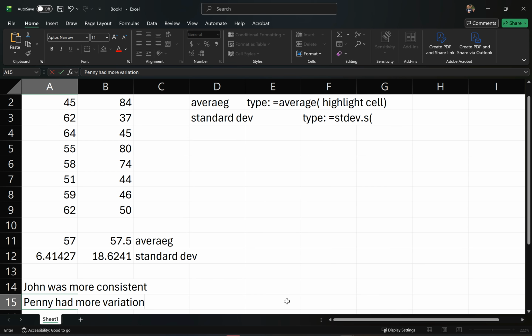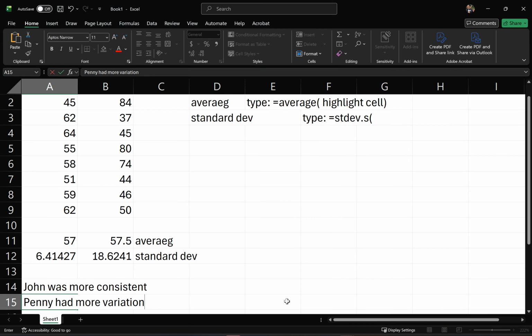If you're 18% away from your average, you're huge. It's like saying if you got 60 and you could be plus 18 or minus 18, you could be anywhere close to 80 or anywhere close to 40. Whereas John's getting 57, adding 6 is 63 or 51. He's more consistent. He's staying between the 50s and the 60s. That's much smaller, so he doesn't fluctuate so much.